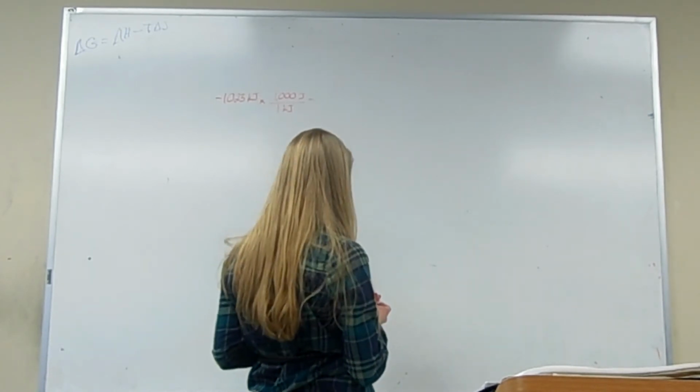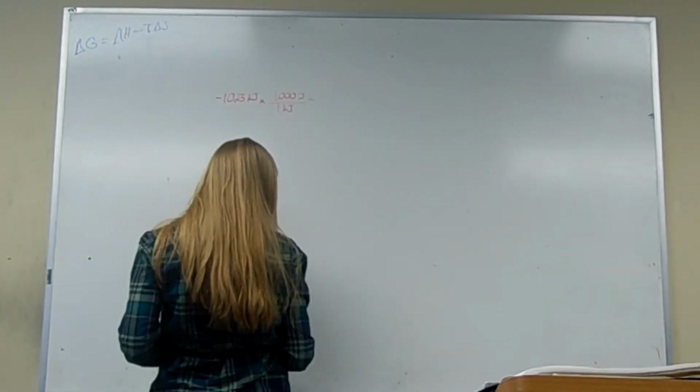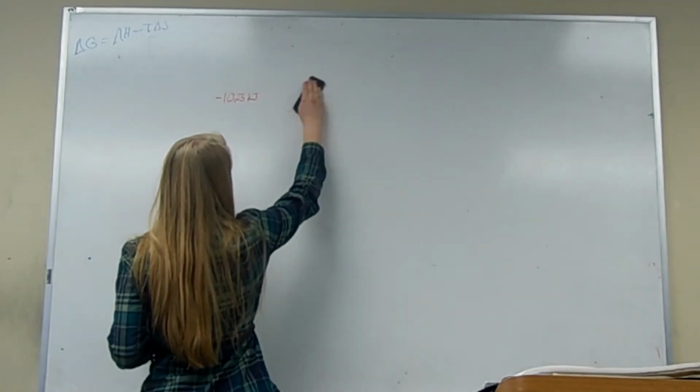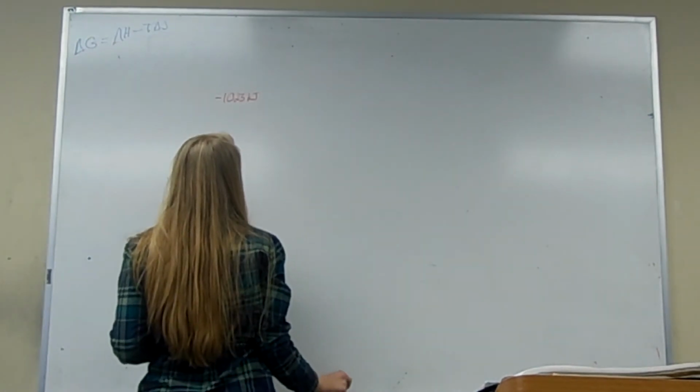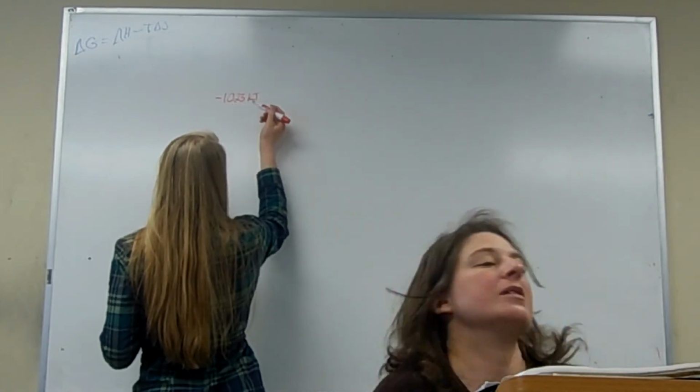So here's your hint for the test question that is kind of the inequality situation that you have to set up. If delta H is negative, that means you've got an exothermic process.